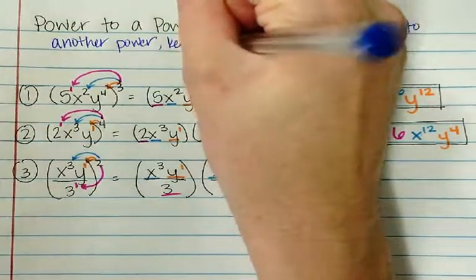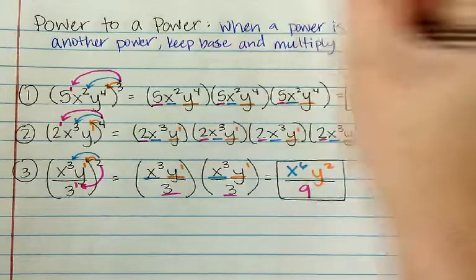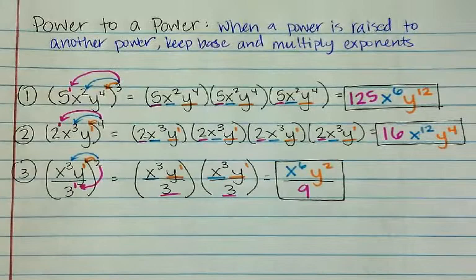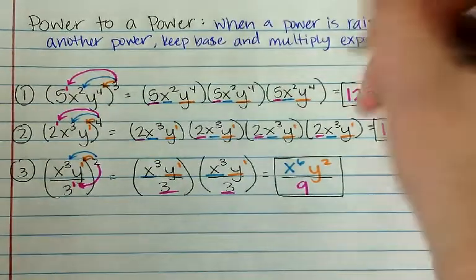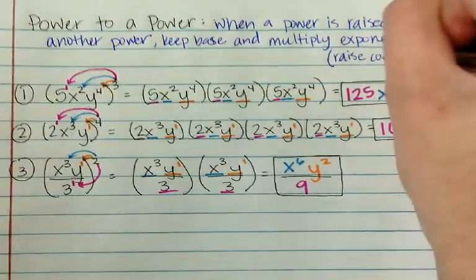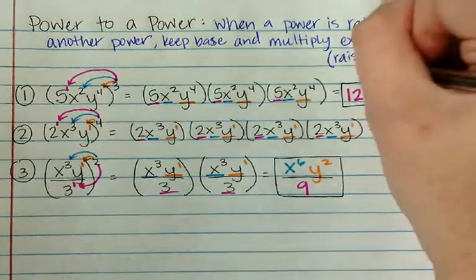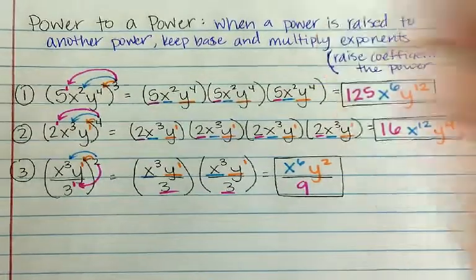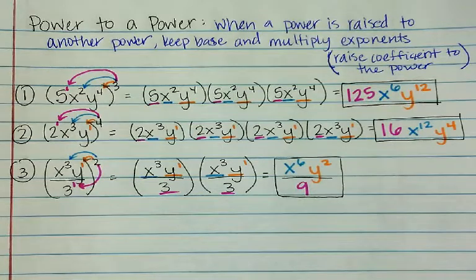But our little caveat, we got to talk about our coefficients here. You raise the coefficient to the power. All right, guys, you raise that coefficient to the power. So the way this rule looks on our little reference charts is a to the m raised to the n power is equal to a to the m times n.